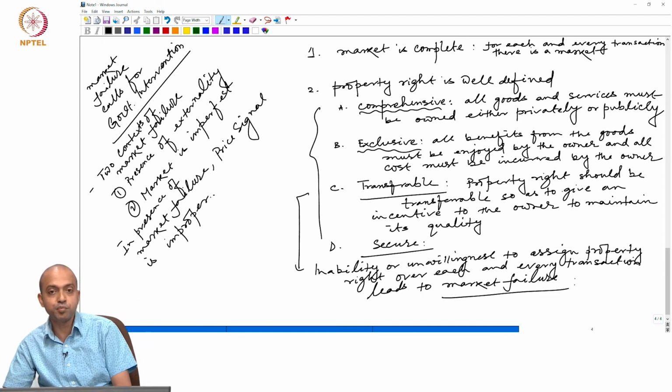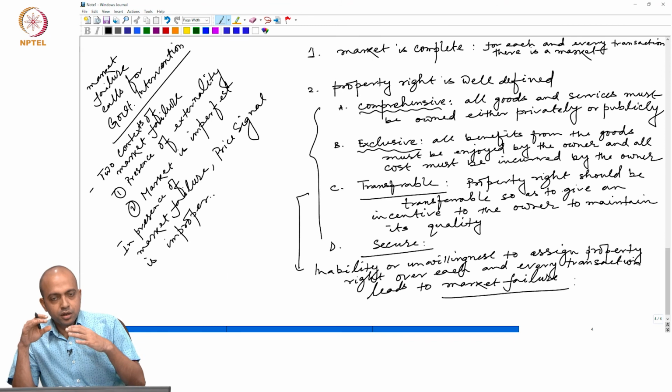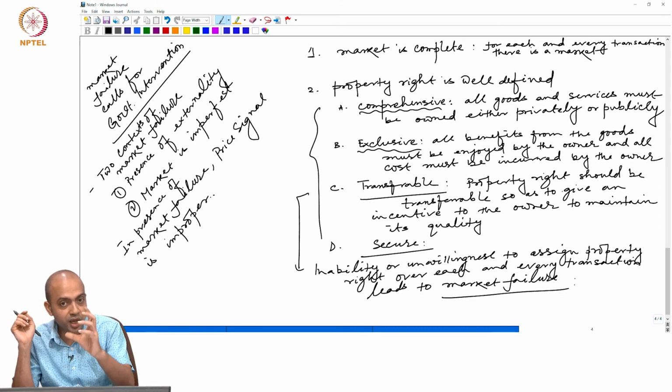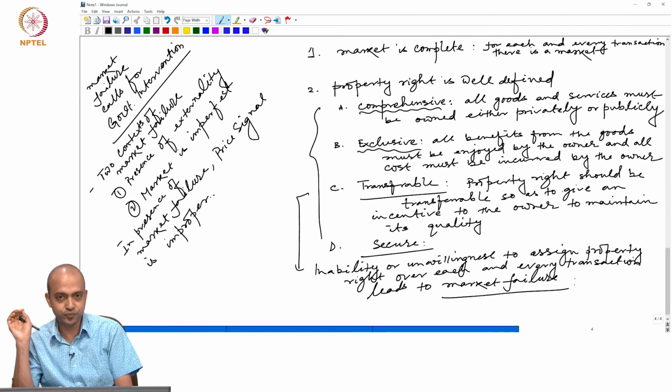Price signal is improper. That means the signal that the price throws gives a wrong impression about the relative scarcity of the product. For example, for most environmental goods and services, there is no market. Okay? There is no market. What is the market for pollution? What is the market for clean water?